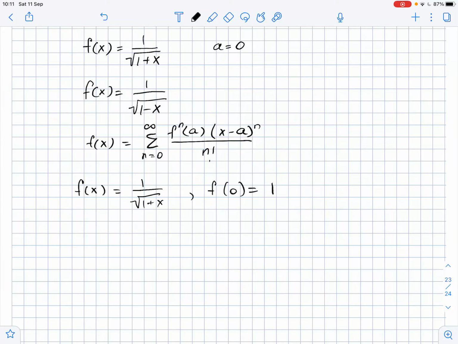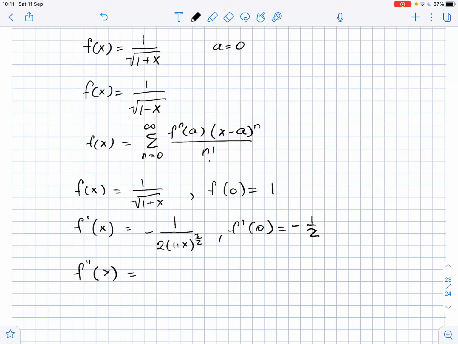Then f of 0 equals 1. The f prime of x equals negative 1 over 2 times 1 plus x to the power of 3 over 2. And then f prime of 0 equals negative 1 over 2.